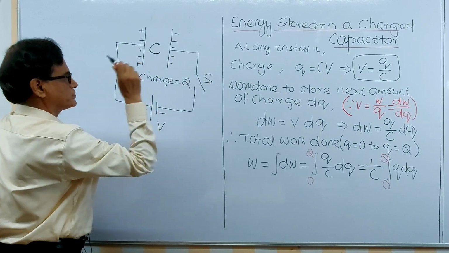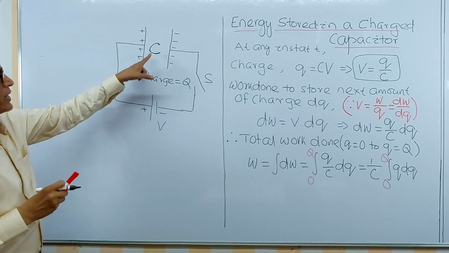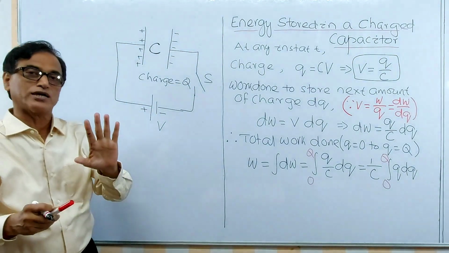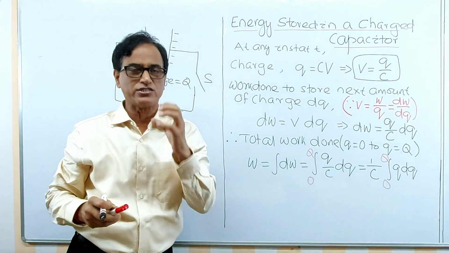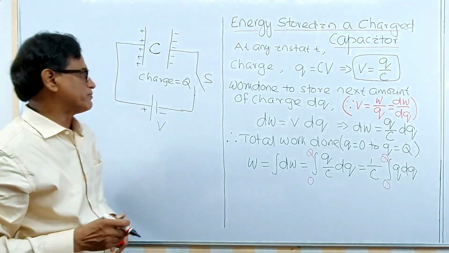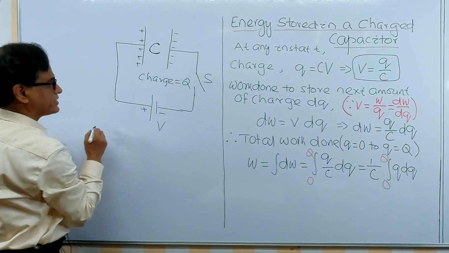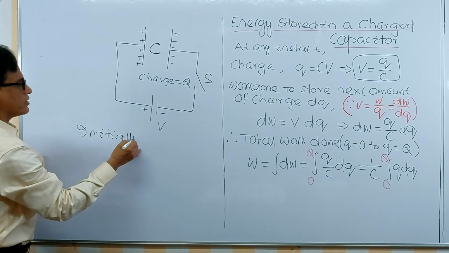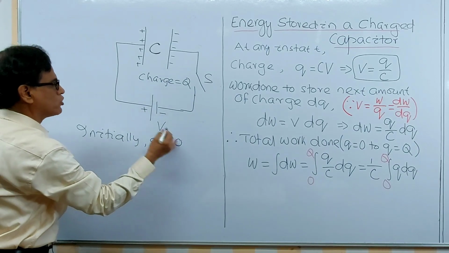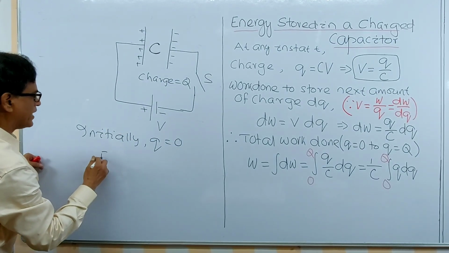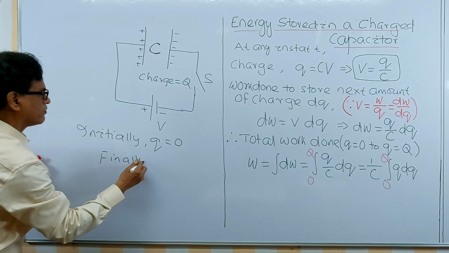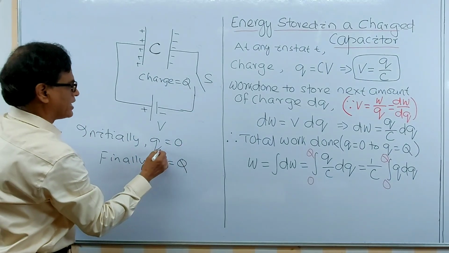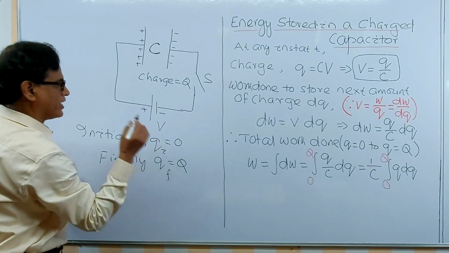The battery is applied across the capacitor, but the switch is off, meaning no voltage is applied across the capacitor. Can you specify what is the charge on the capacitor? Initially the charge is equal to 0. Finally the charge equals Q. That is the initial charge, and this is the final charge.